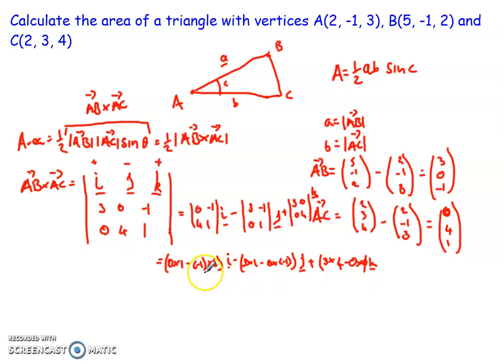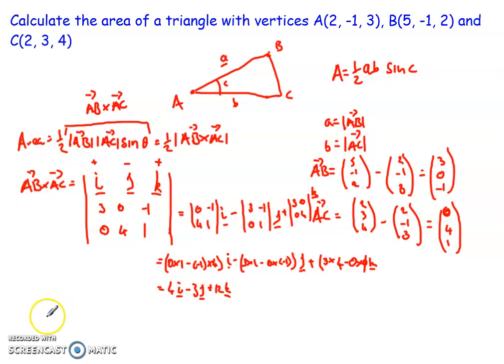Calculate each of these out. What I'll end up getting is 0 minus minus 4, so I'll get 4i. Then I've got minus 3 times 1 here, because this will disappear to be 0, so minus 3j. I've then got 3 4s, which is 12. This is 0 plus 12. Okay, so that's me now got my vector for that.